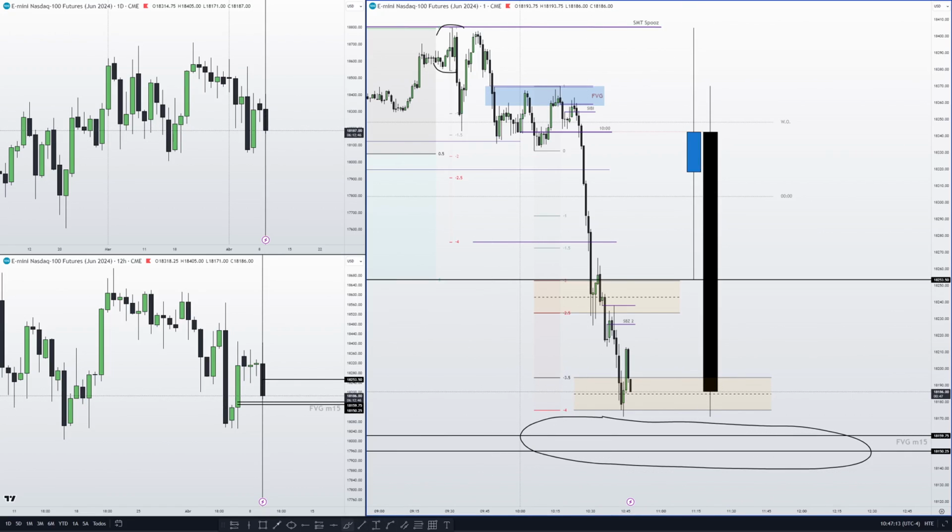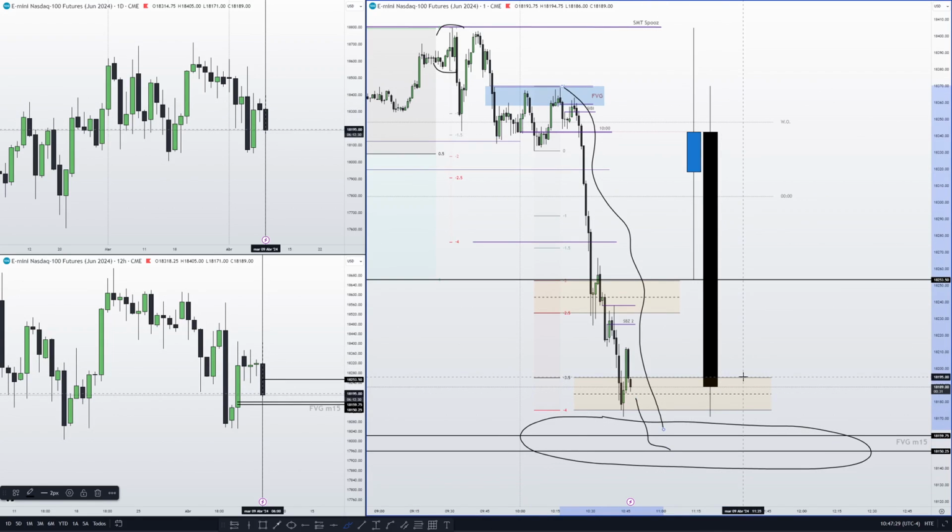If price moves one little move here in the fair value gap, no problem. But in the standard deviations, in these projections, the distribution range, it's in the 4 deviations, fast moves. So for me, it's a no.